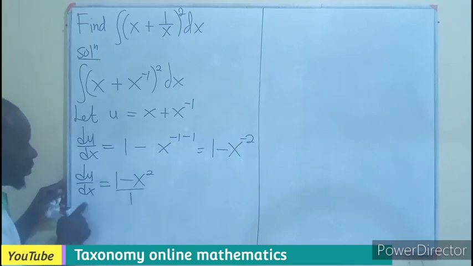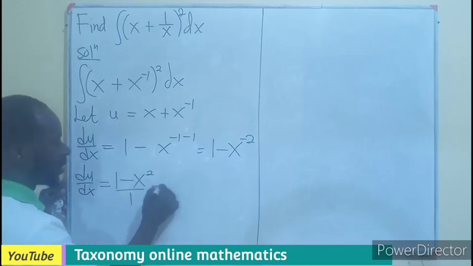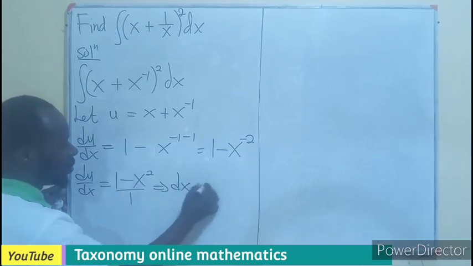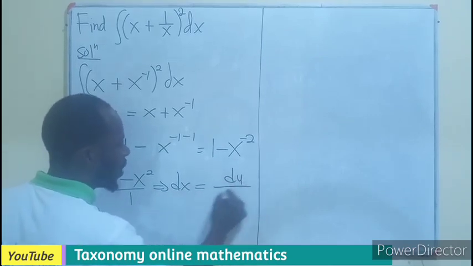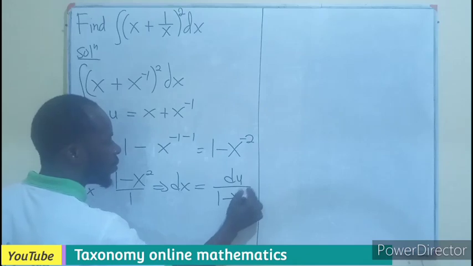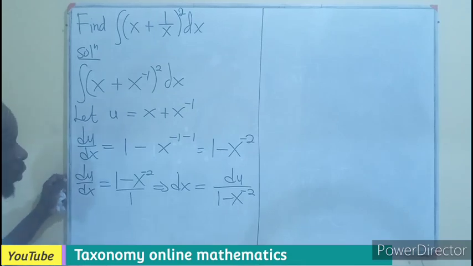If you cross multiply, this becomes the coefficient of du, so we can divide by that. That means your dx is going to be du over (1 - x^(-2)), that is, x with negative exponent 2.